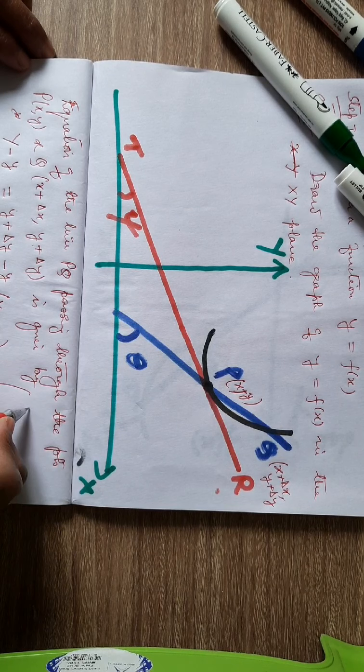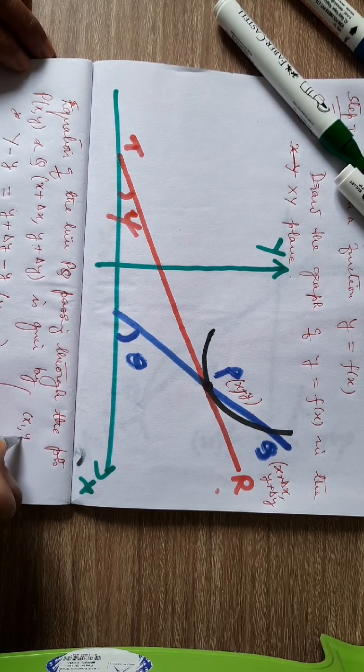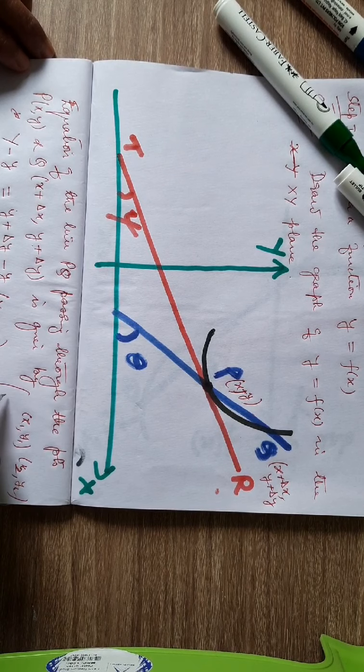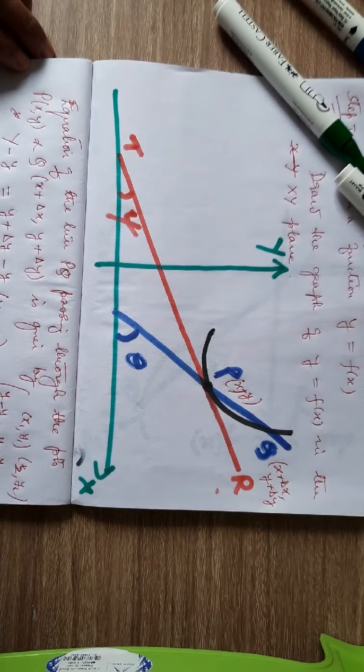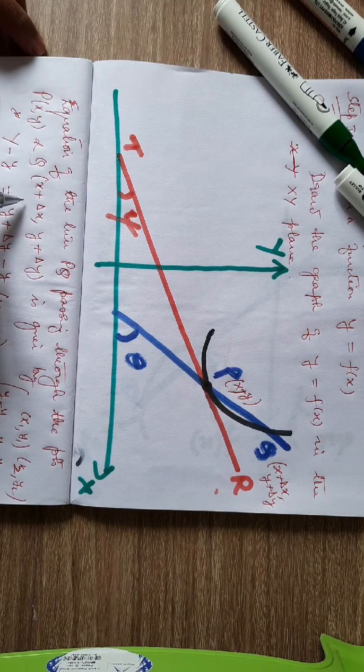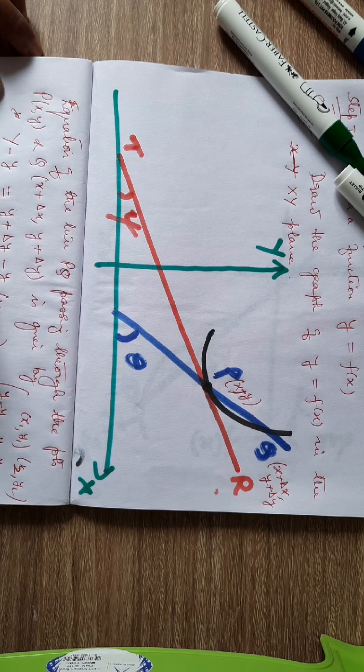Using the formula, the equation of the line which passes through points (x1, y1) and (x2, y2) is given by y minus y1 is equal to (y2 minus y1) divided by (x2 minus x1) into (x minus x1). By applying this formula, we can find the equation of the line PQ.